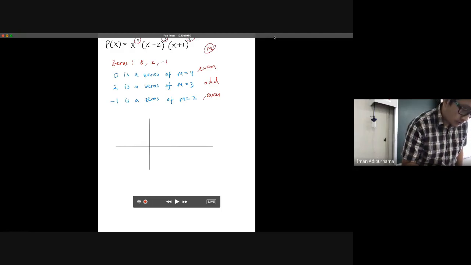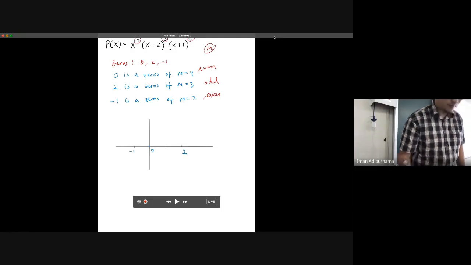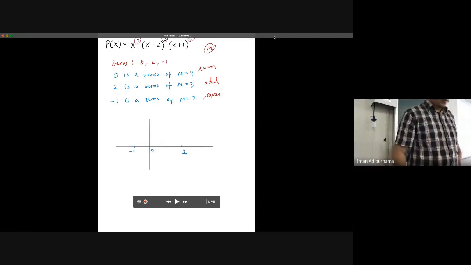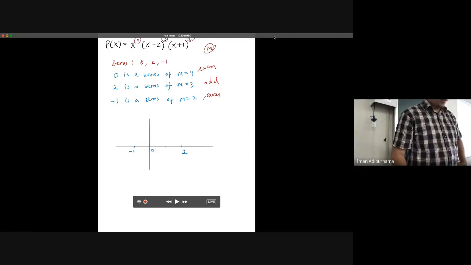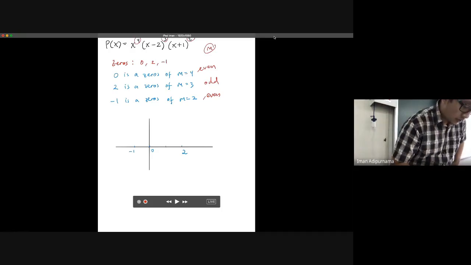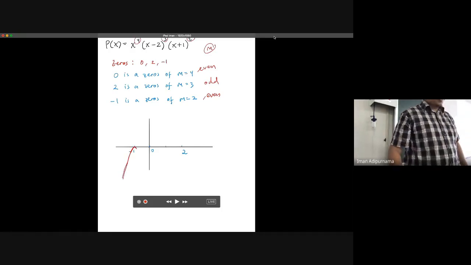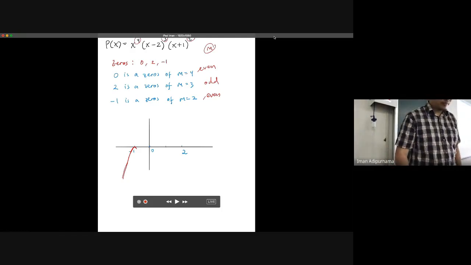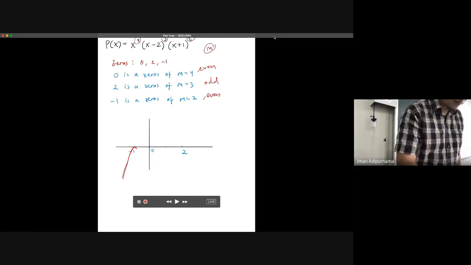We can draw our graph. Let's just say this is 0, and this is maybe here -1, and this is 2. At -1, it's even, so it's going here. But between -1 and 0, oh, I forgot to write the number line.